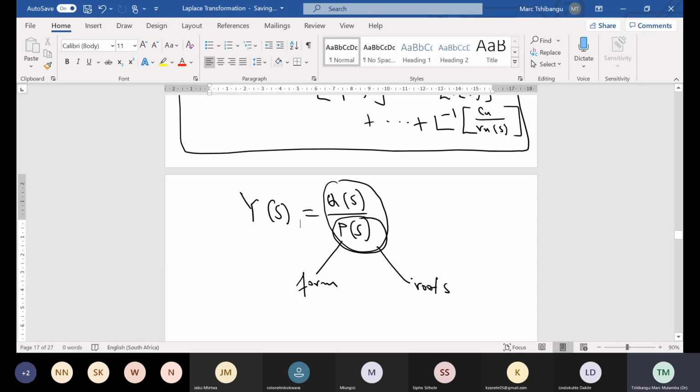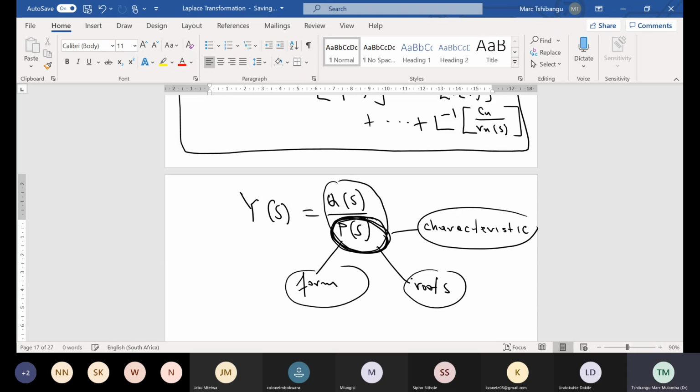So when you are given a ratio of two polynomials, note that its expansion into a series of fractions is governed by its denominator, which is the characteristic equation. And here we need to look at its form and its roots.